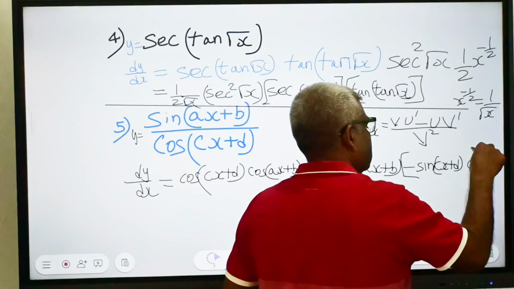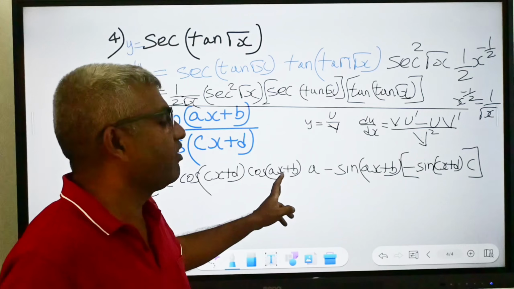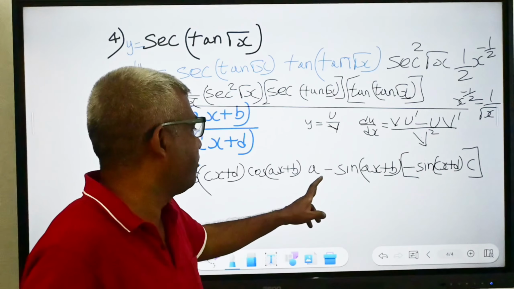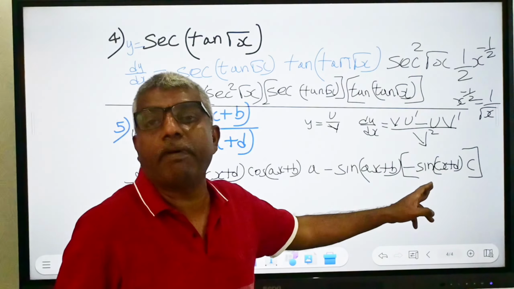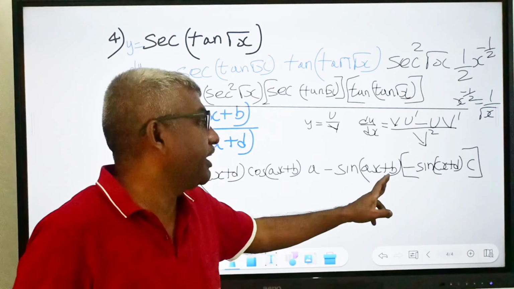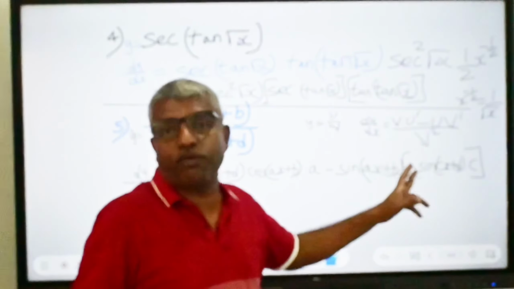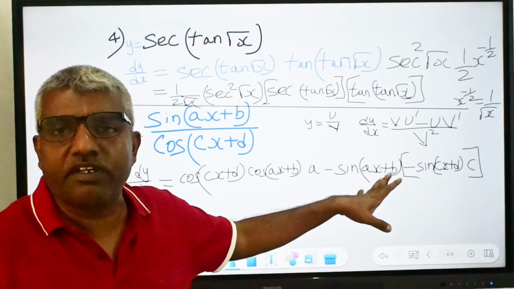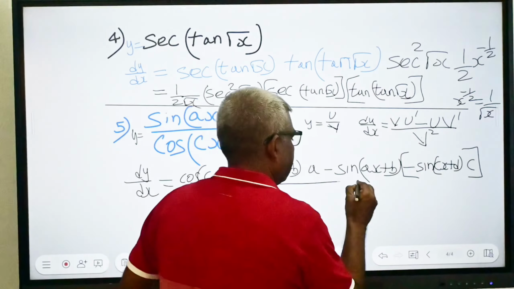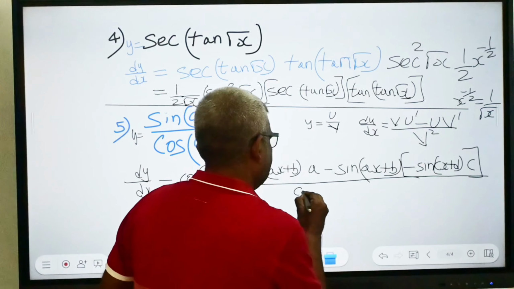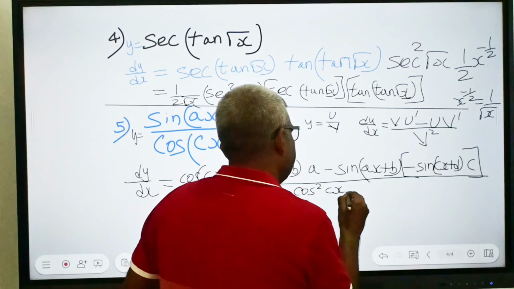Otherwise it will look like cos cx plus d, cos ax plus b times a minus sin ax plus b. Minus will come, it is not minus, you have to multiply it. Be very careful. Most of the students are committing these mistakes. Divided by cos squared cx plus d.